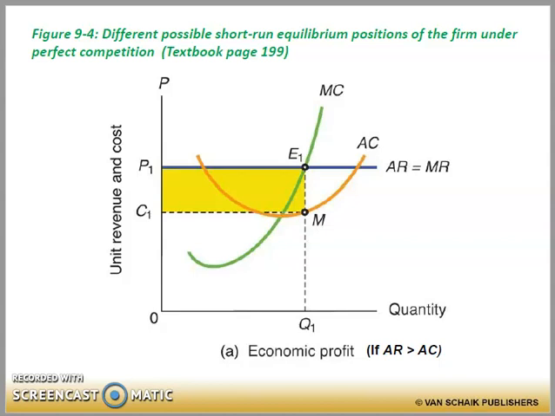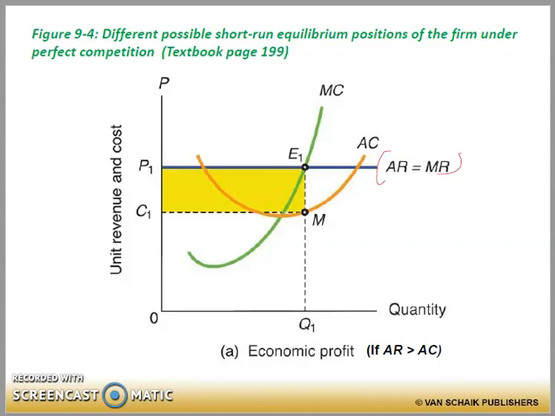It shows the average revenue, marginal revenue, average cost, and marginal cost of a firm under perfect competition. Average revenue and marginal revenue are both equal to the price, as we've already established, and are represented by the same horizontal line here. And the level of market price is also represented there.